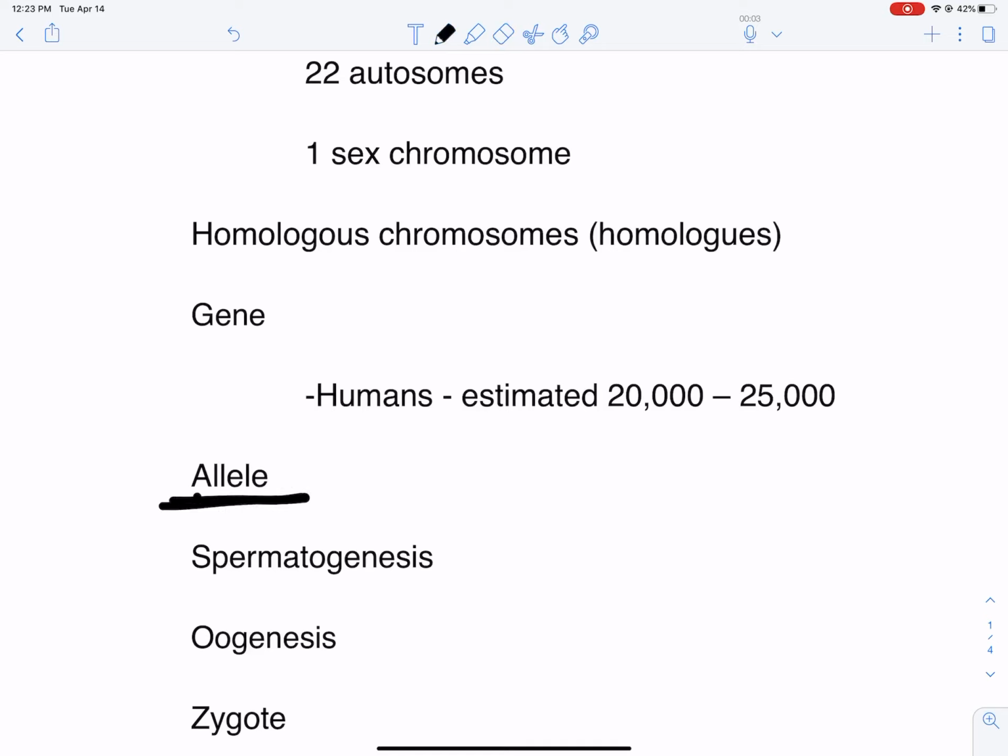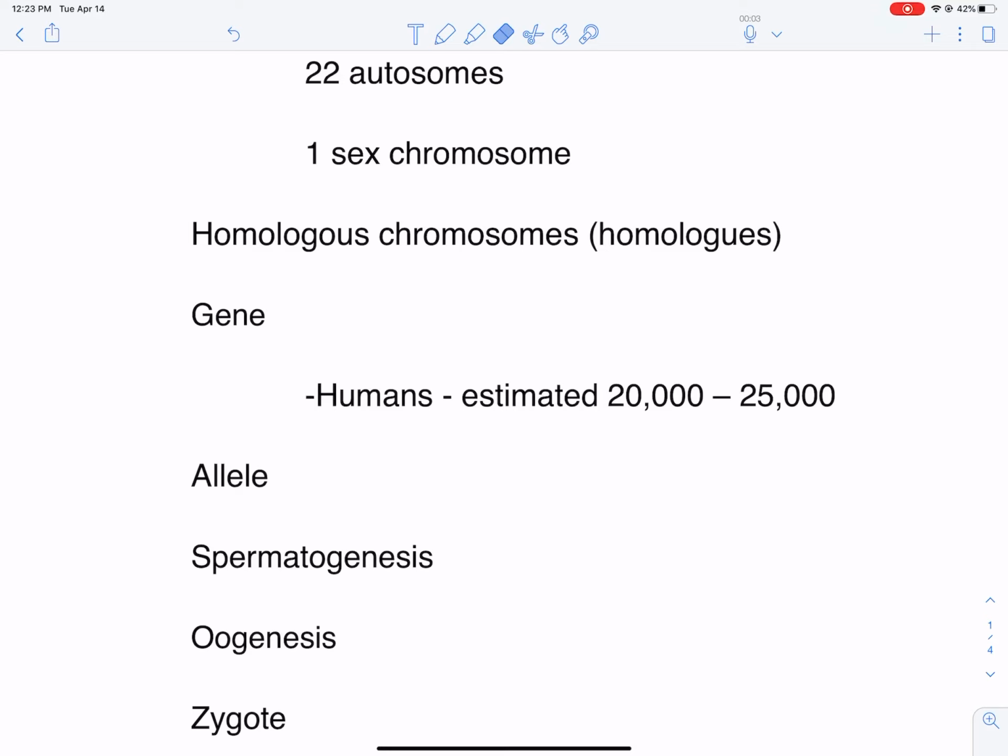What's an allele? An allele is a different expression of that gene. If one person has blue eyes and one has green eyes, those are different alleles for the same gene, hair color, whatever it happens to be.